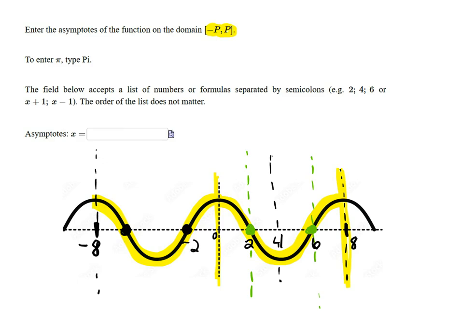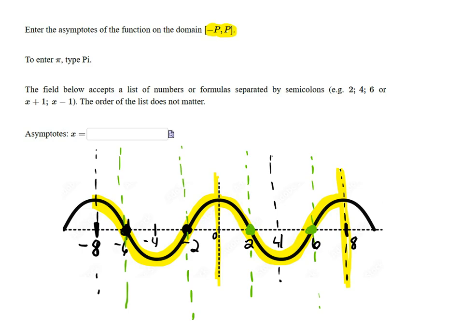This is -2, right here is -4, right here is -6, -8. So I now know for the secant function, I would have an asymptote at -2 and -6. Between -8 and +8, all those green vertical lines are asymptotes.